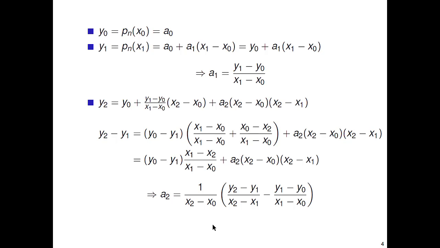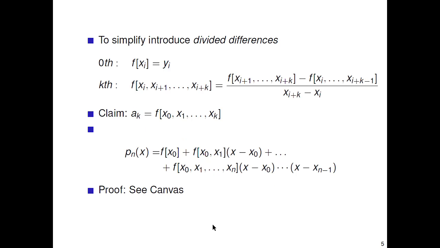Okay, and we could keep going. It gets messier, obviously, as we go along, and that's why we want to pull out this nice structure. But we could certainly solve for more coefficients. Again, it gets messier, so we need to simplify notation a little bit. So to simplify notation, I'm going to introduce these divided differences.